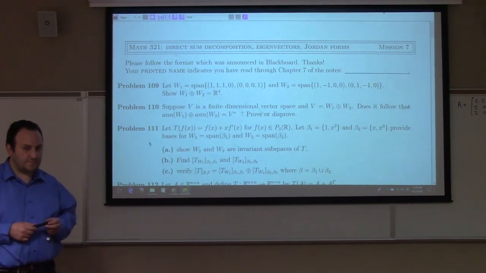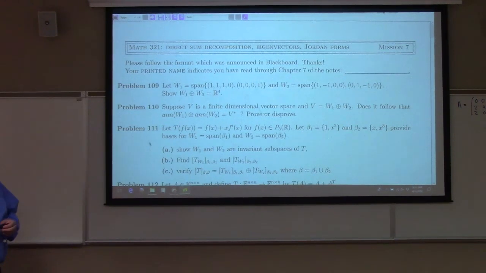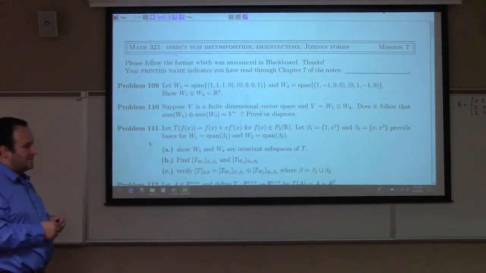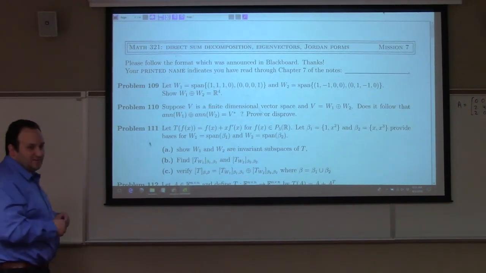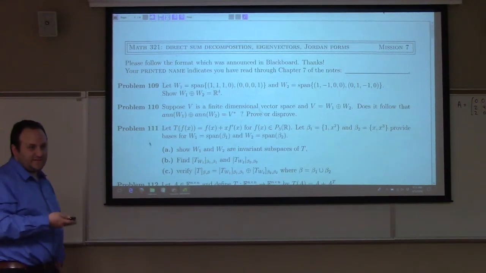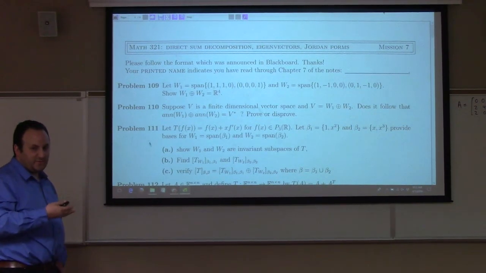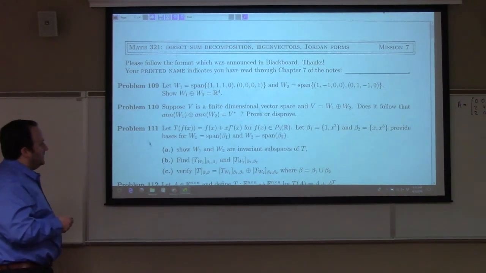So if the union of the basis for W1 and W2 gives me all of R4, then that proves that W1 plus W2 is R4. I don't want to talk you out of a more careful solution, though. What I'm saying only makes sense as much as I reference the appropriate set of theorems. But yeah.